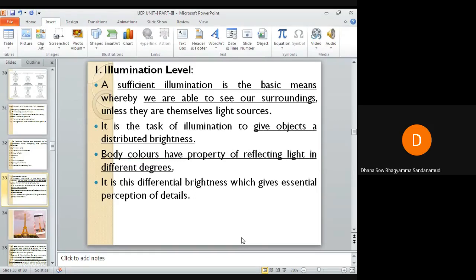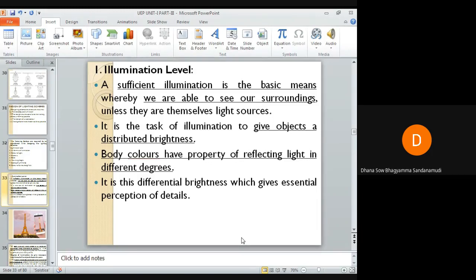If there are a number of light sources in a room, the illumination due to one light source is not required for the illumination of another, because it can itself provide sufficient illumination in the room. The main role of the illuminating object is to distribute the light evenly throughout the room, so that we get distributed brightness in the room.